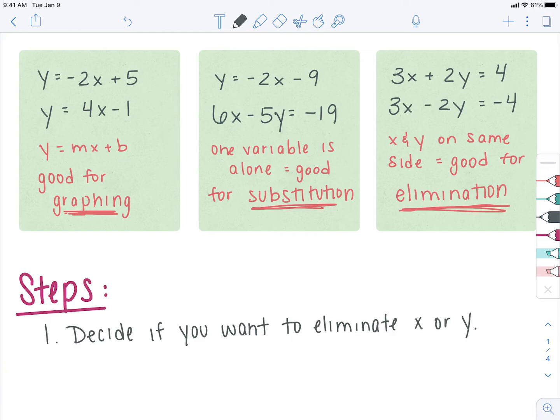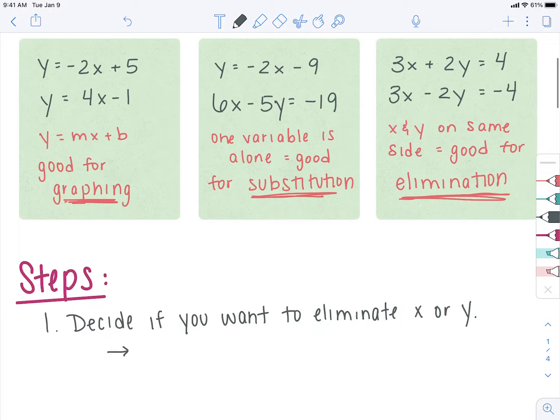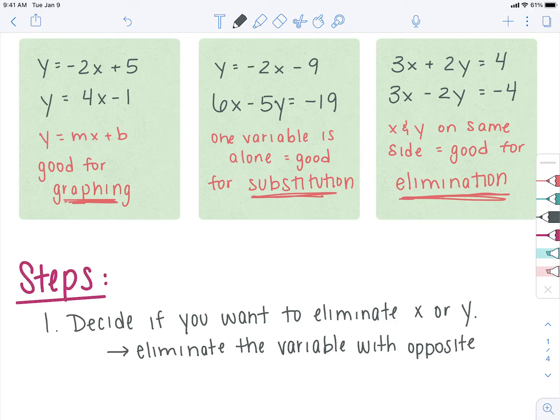So your first choice is going to be eliminate the variable with opposite coefficients. And opposite coefficients means it's the same number, but the signs are opposite. Because we know a positive 2 and a -2 cancel each other out, they can go away. So I don't have to change anything in order to eliminate that variable.